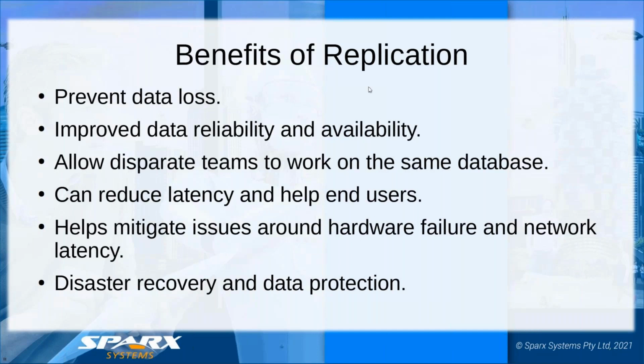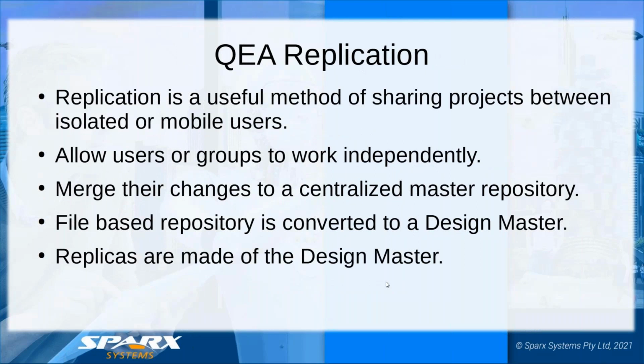So Enterprise Architect 16 supports replication both for the older files such as EAP, and the new QEA files support QEA replication. I'm going to do a demonstration of how it works in a moment. But replication is a useful method of sharing projects between isolated or mobile users. It allows users or groups to work independently, and then they can merge their changes to a centralized master repository.